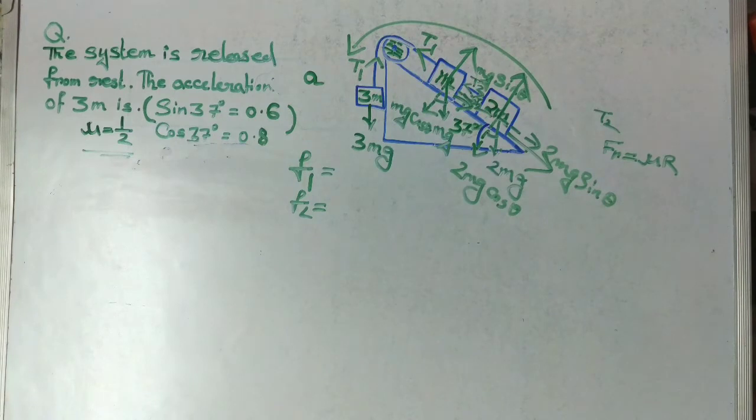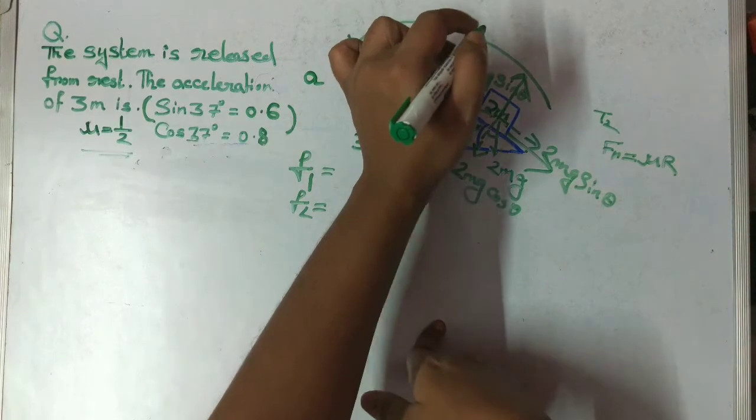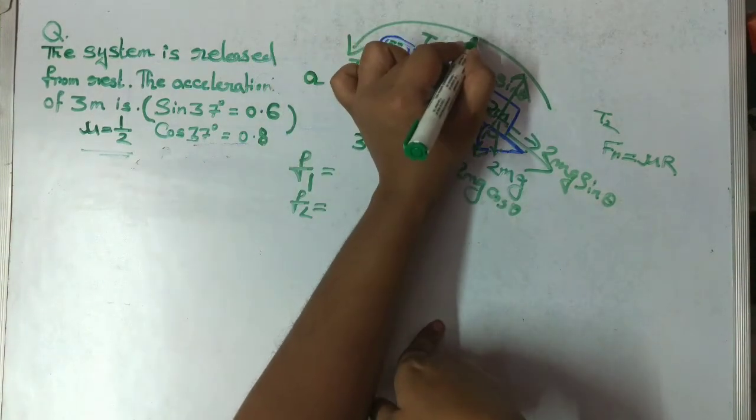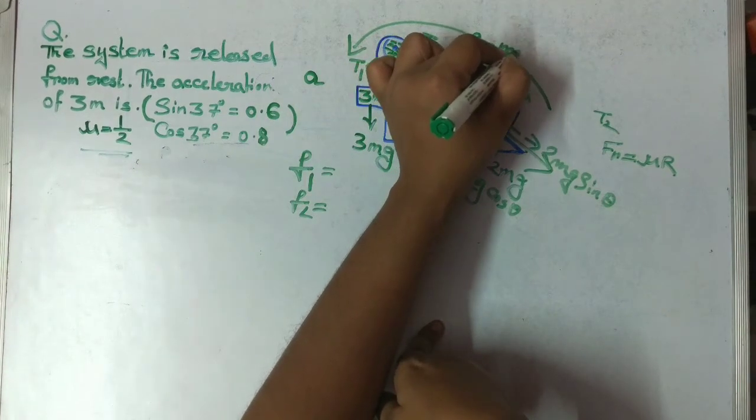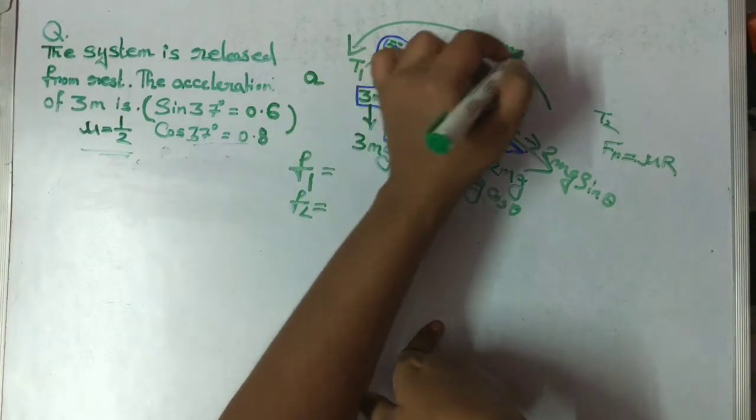So the reaction forces are R1 equals mg cos theta.